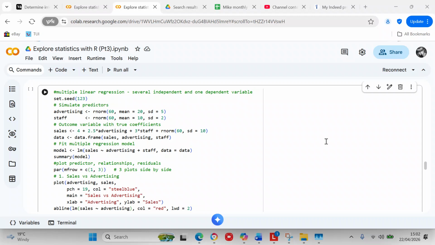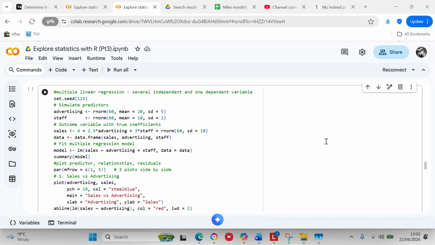So that's the advertising and staff is going to be x1 and x2, and sales is going to be y. So sales is 4 plus 2.5 times advertising plus 3 times staff plus our norm, 60 samples with a standard deviation of 10.